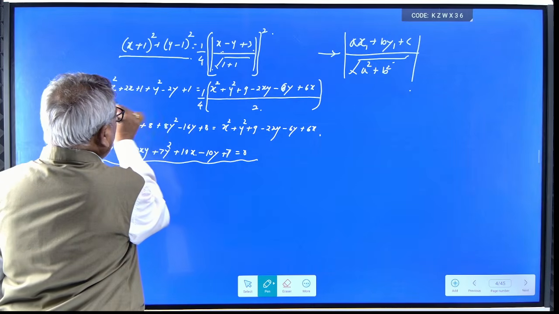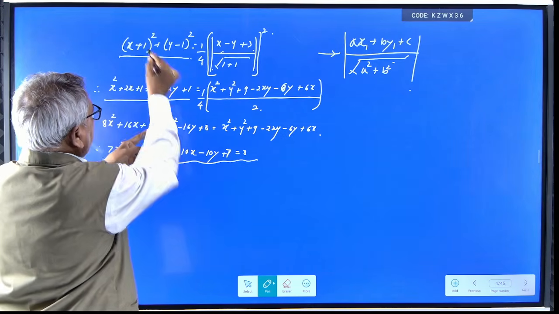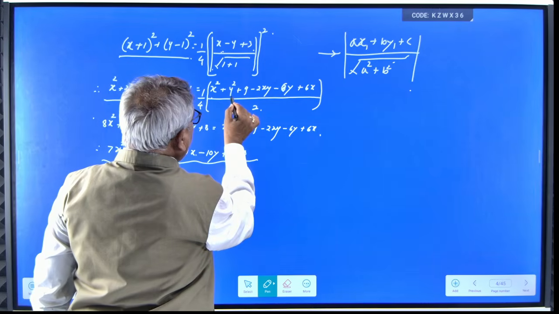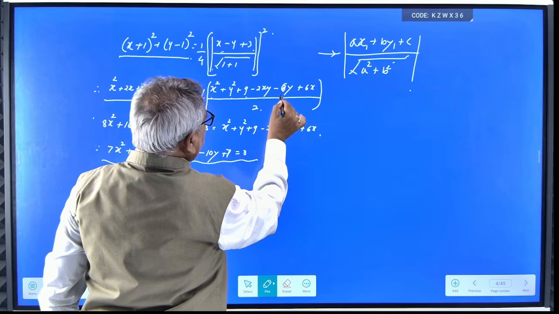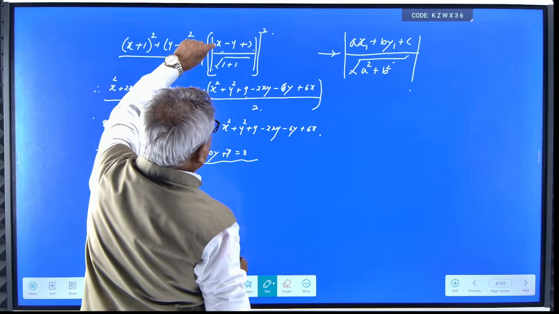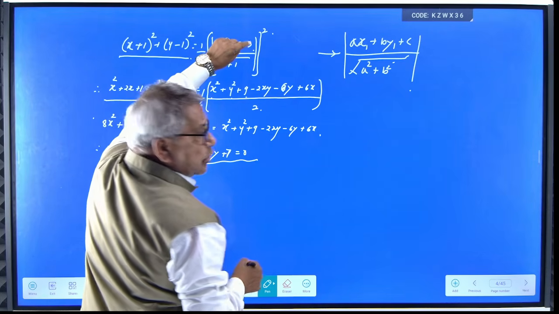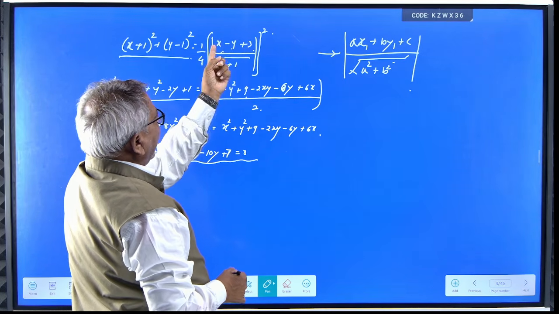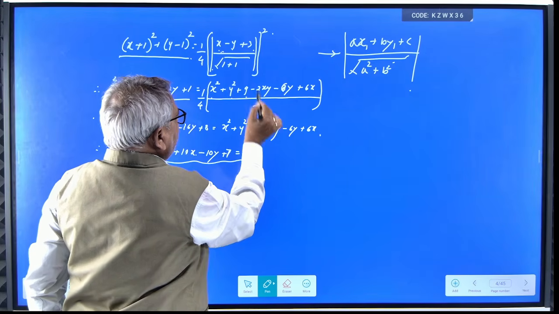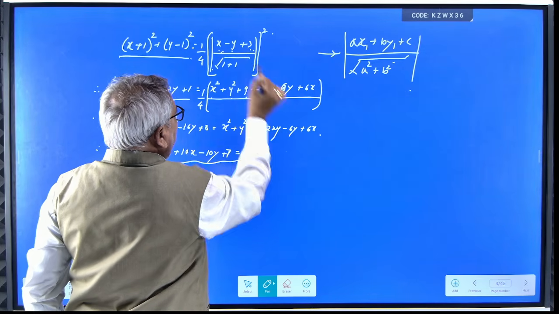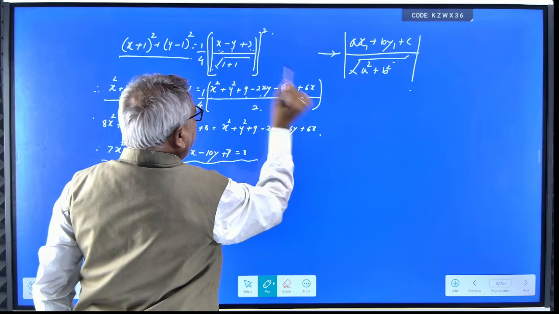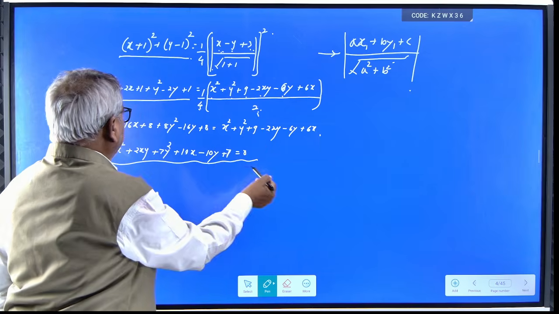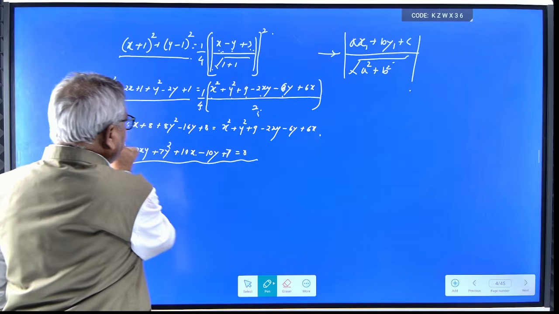Therefore x square plus 2x plus 1 plus y square minus 2y plus 1 is equal to 1 by 4 of x square plus y square plus 9, minus 2xy, minus 6y, plus 6x, upon root 2 square, which is 2, so 4 times 2 is 8. Multiply there by 8 and then simplify.